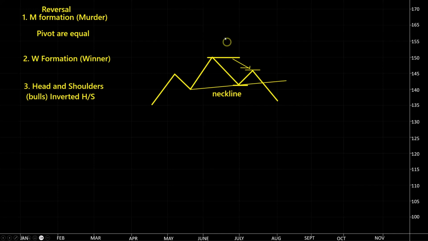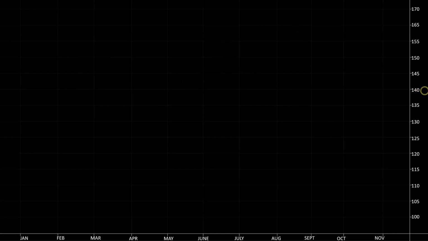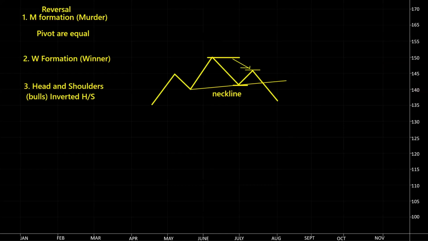Okay? So in a head and shoulders, I'm going to draw it again. In a head and shoulders, let's go back there. In a head and shoulders formation, when do I take action?